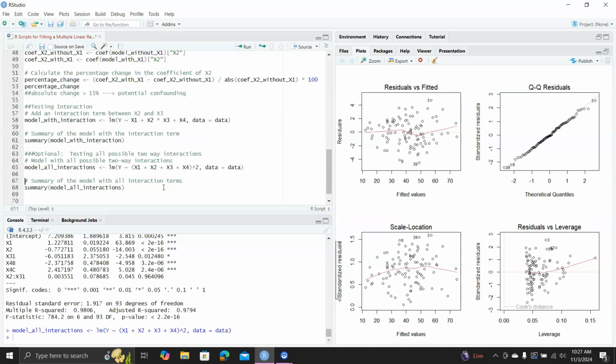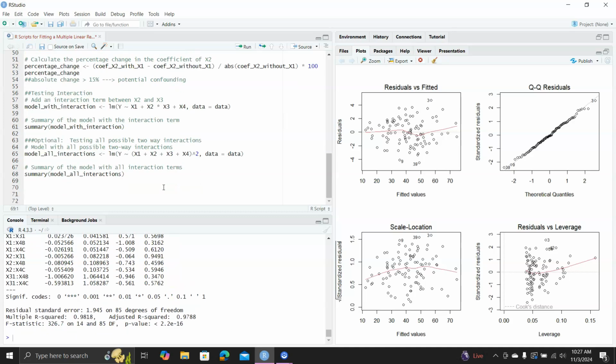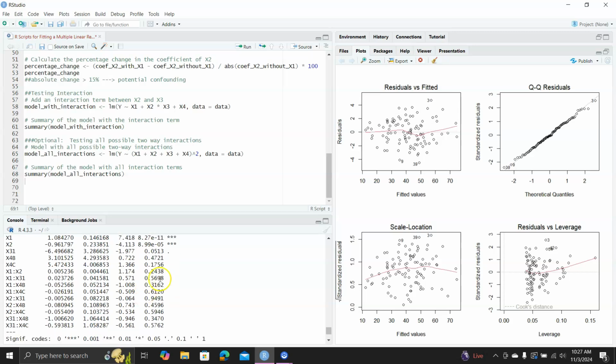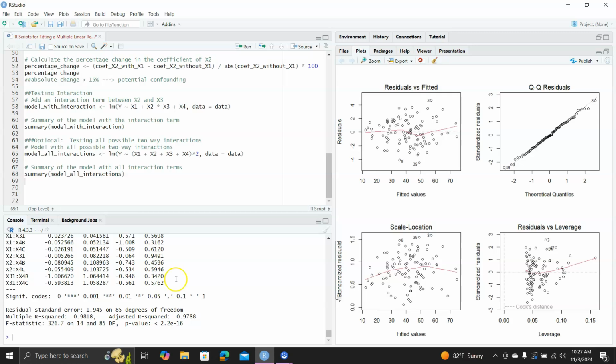Okay, so let's fit that model of all interactions, and you print them out. You can see, in addition to the main effects, you have all the interaction terms tested here. Let's see. None of the interaction terms are significant, so unfortunately they're not interacting.